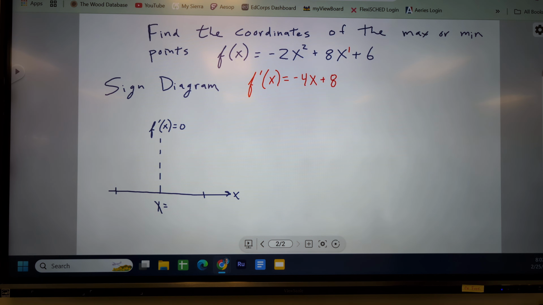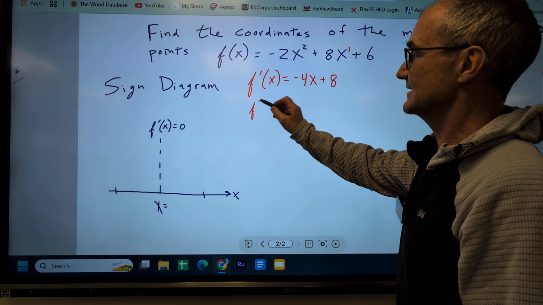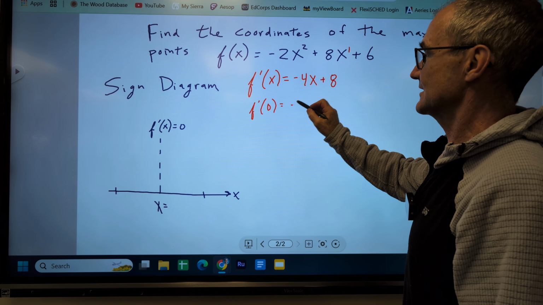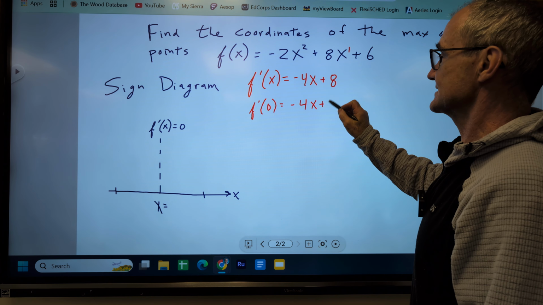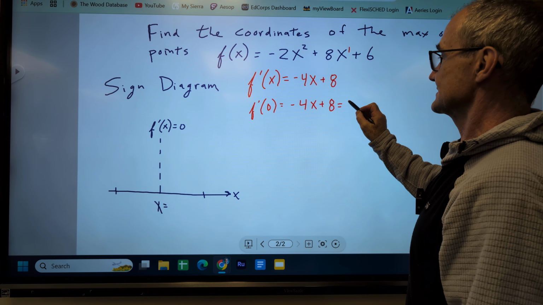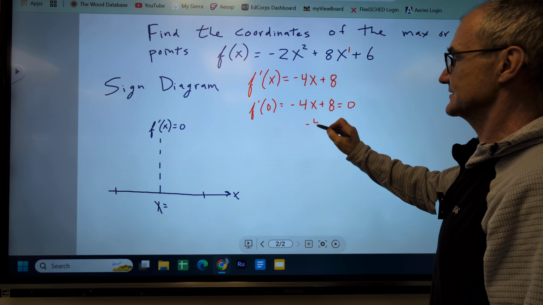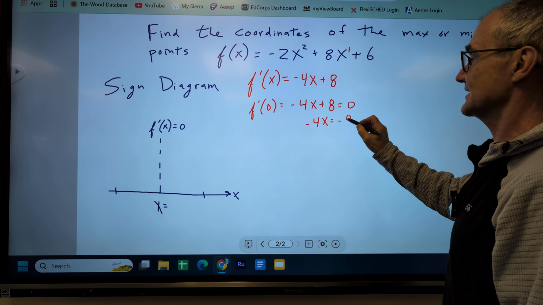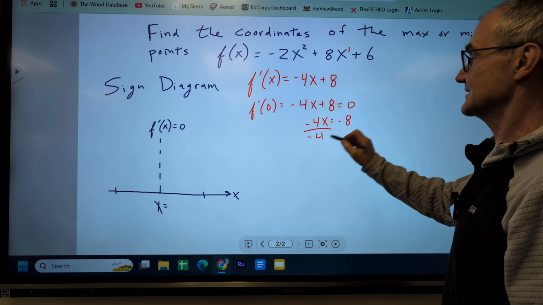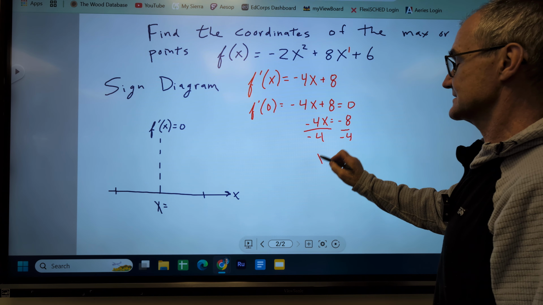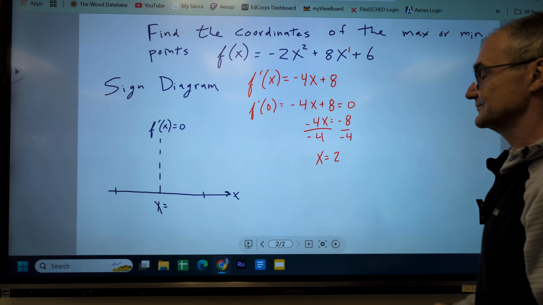So now I have the derivative of my function. I'm going to take that derivative and set it equal to 0. Negative 4x plus 8 is equal to 0. I'm going to subtract 8 from both sides. Negative 4x equals negative 8. Divide both sides by negative 4, and x is equal to 2.